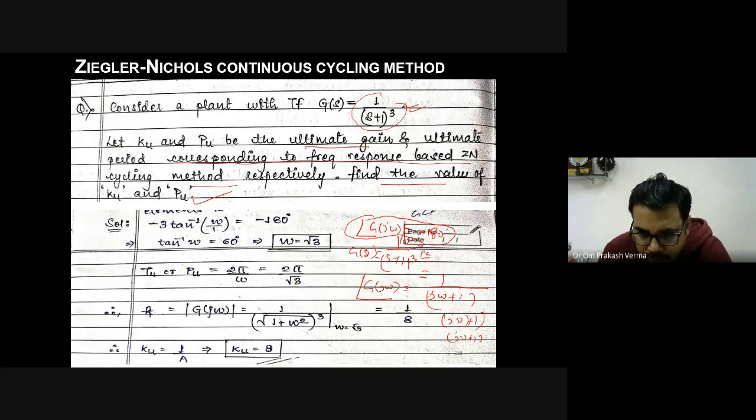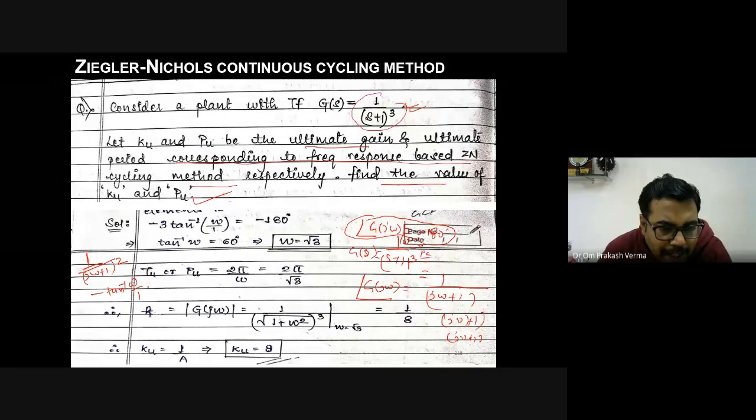So see, what is the angle for this? 1 upon j omega plus 1 के लिए क्या एंगल होगा? प्लीज बताइए। Minus of tan inverse omega, yes or no? For this 1 upon j omega plus 1, what is the angle? Minus tan inverse omega. Okay, if the square is there, then क्या होगा?